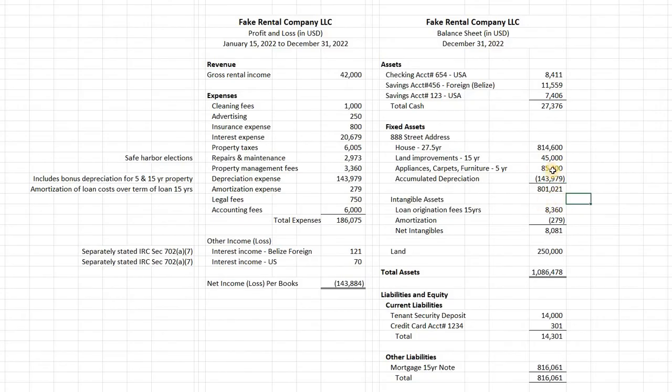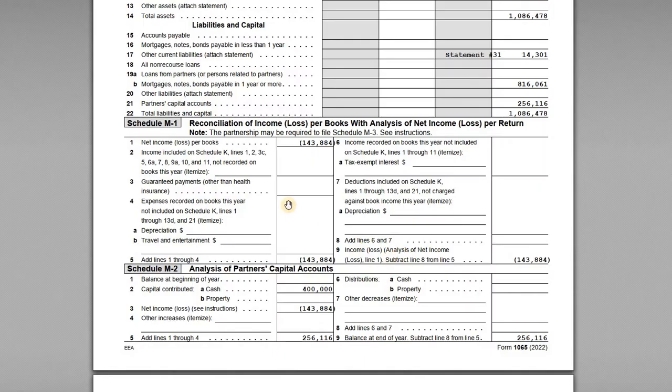But if you had to prepare, let's say, U.S. GAAP financial statements, you wouldn't be using this number, right? Under U.S. GAAP, these items are going to be depreciated under much different rules, and so the amounts will vary. And if you have varying amounts for that reason, you might see some adjustments here for where we reconcile our income or loss per books with return because we have different depreciation amounts. Yet in this case, trying to keep it pretty simple so we have no variance.